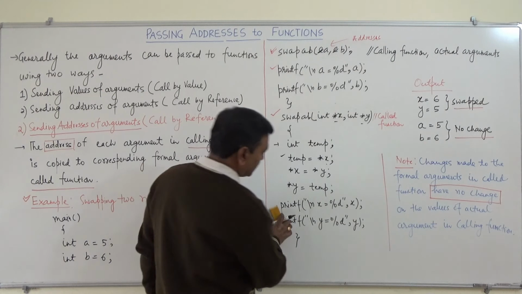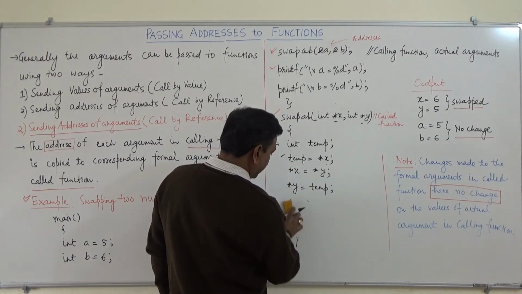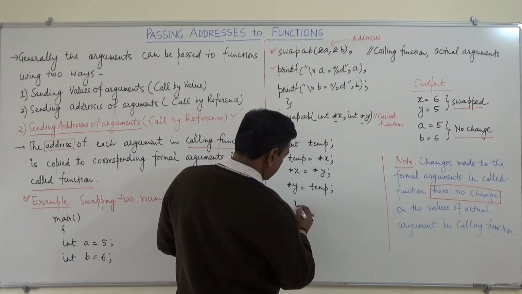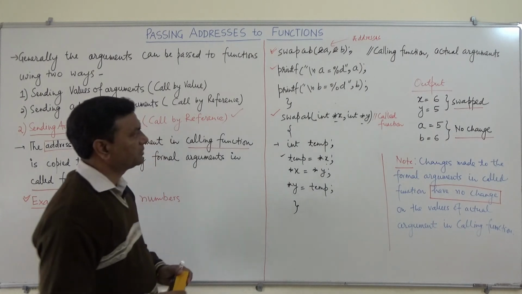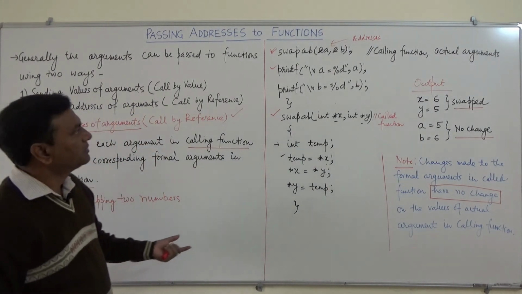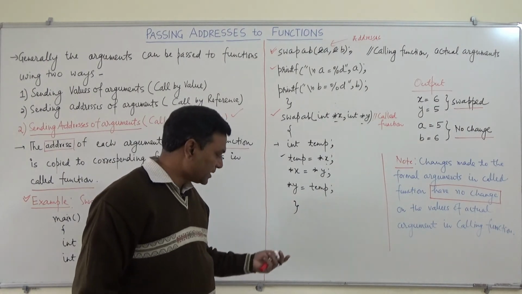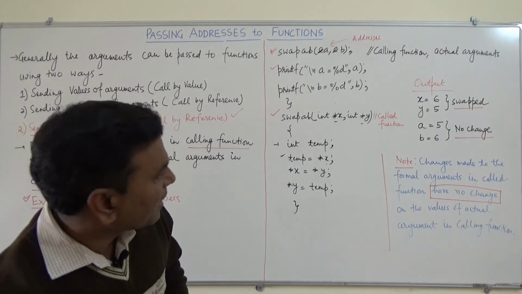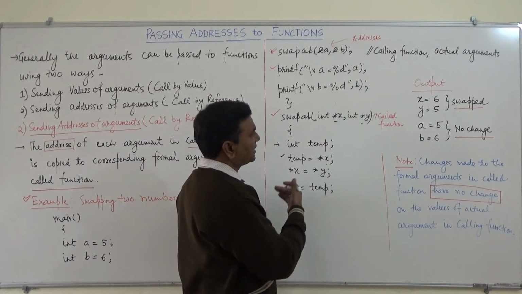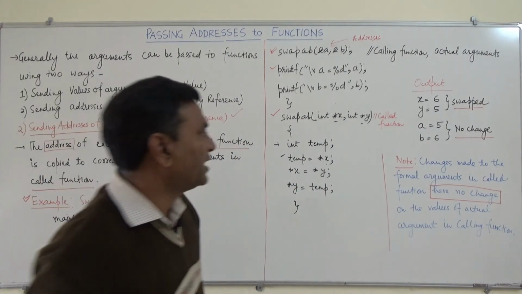Now here we are not going to print the value of x and y, so we will close it. So this is the complete program of swapping two numbers by using call by reference. So we will close here. Now we will see its output, what is the output in this case when we are using call by reference.